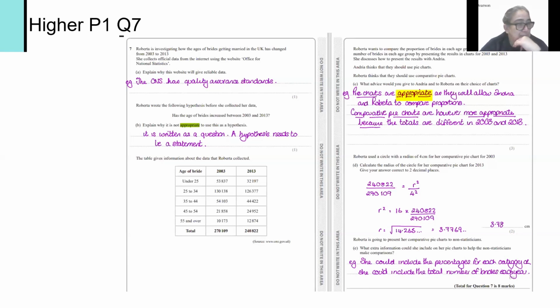But they found the discussion around pie charts being appropriate, again, a little bit tougher. Is that because it's a topic that needs explicitly teaching, especially comparative pie charts, and because it's not on the maths GCSE?